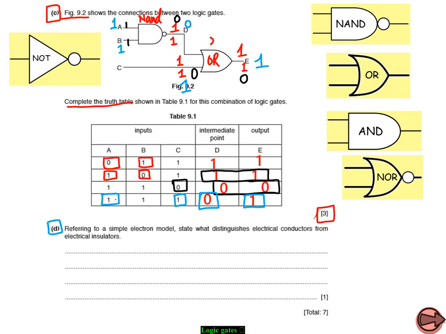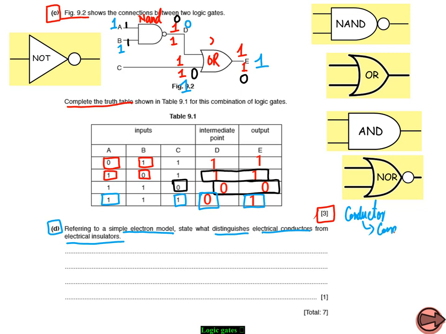For part D, first of all, we need to understand the simple electron model, and we need to distinguish electrical conductors from electrical insulators. A good conductor conducts electricity easily. Conductor, simply we say, is a material that can conduct electricity easily.